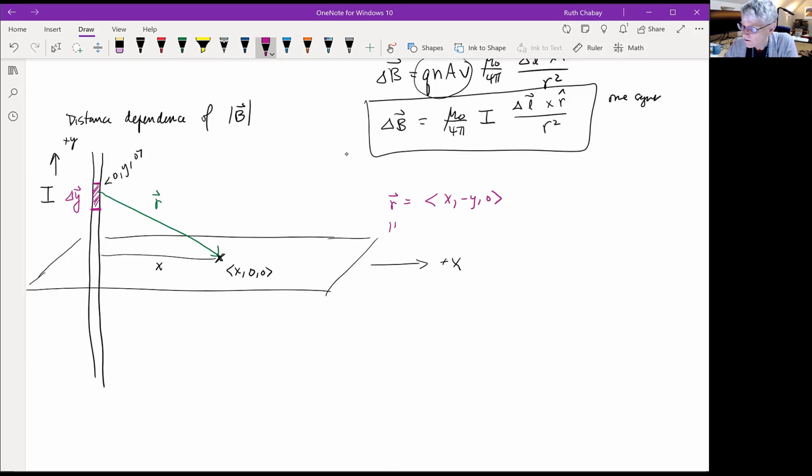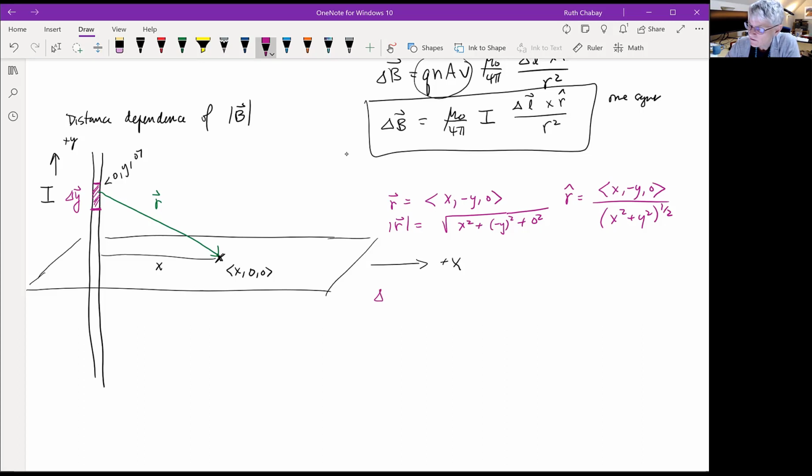The magnitude of r is the square root of x squared plus minus y squared plus 0 squared. And so r hat is x, negative y, 0 divided by the quantity x squared plus y squared to the 1/2.